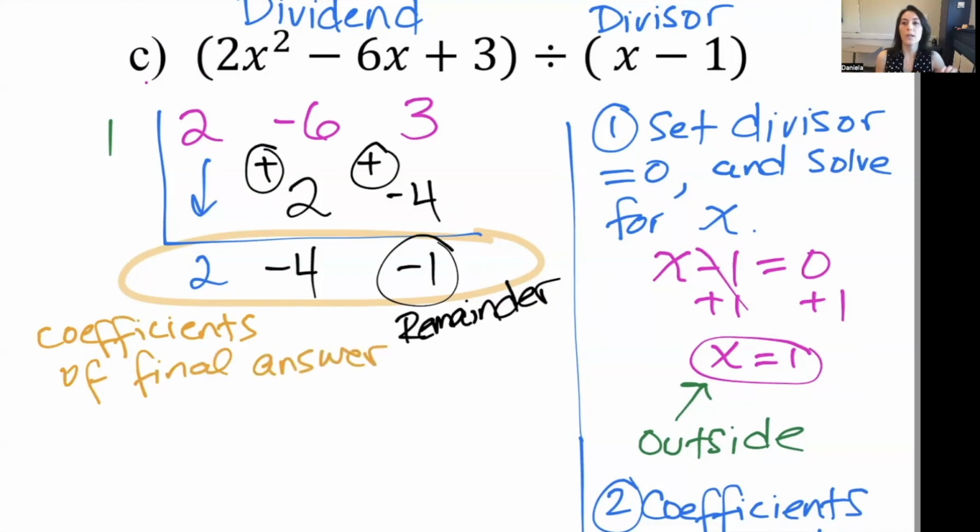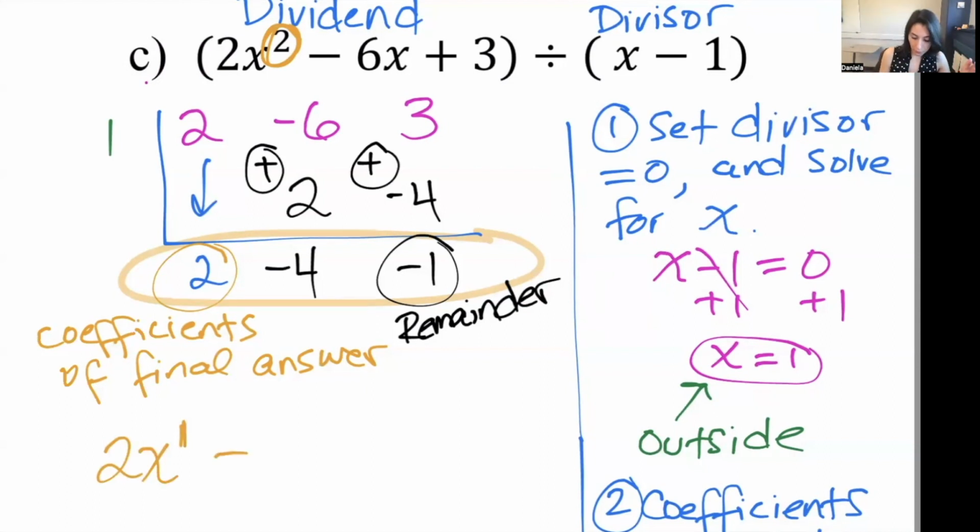Here's the catch though, that 2 is the coefficient of the answer, but the exponent is 1 less than the degree of the dividend. What did I just say? Since the degree, or the highest exponent, of the dividend was 2, this is going to be to the first power. It's 1 less, and it goes in descending order.